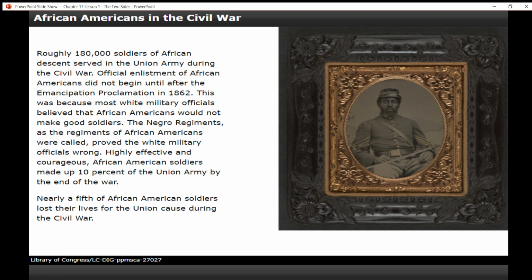The Negro regiments, as the regiments of African Americans were called, proved the white military officials wrong. Highly effective and courageous African American soldiers made up 10% of the Union Army by the end of the war. Unfortunately, nearly a fifth, 20%, of African American soldiers lost their lives for the Union cause during the Civil War.